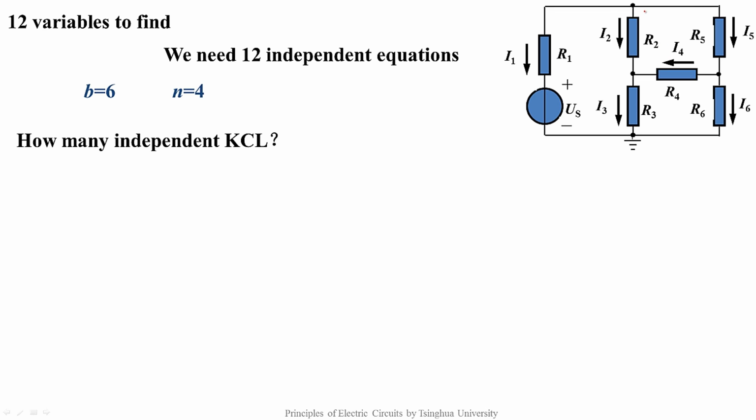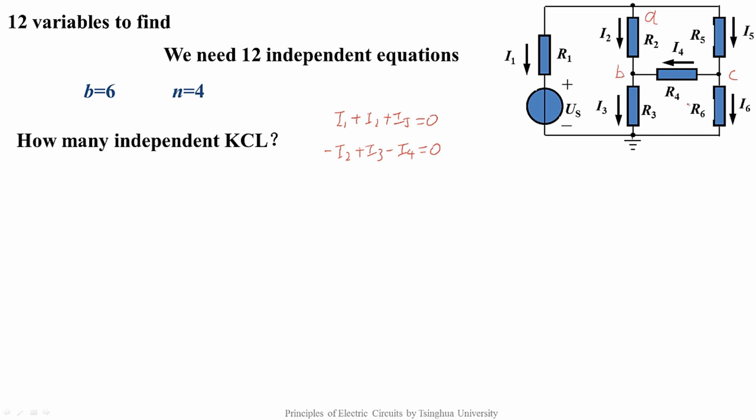For example, for this node, we call it A, its equation should be I1 plus I2 plus I5 equals 0. The sum of all currents flowing out of the node is 0. For node B, we write the equation according to a similar method: minus I2 plus I3 plus minus I4 is equal to 0.